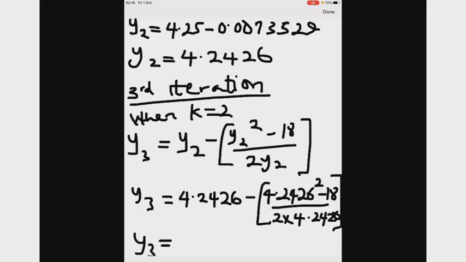My calculator is here. 4.2426 squared minus 18 over 2 times 4.2426 gives 4.2426 minus 0.00004069. So I have y3 equals 4.2426.